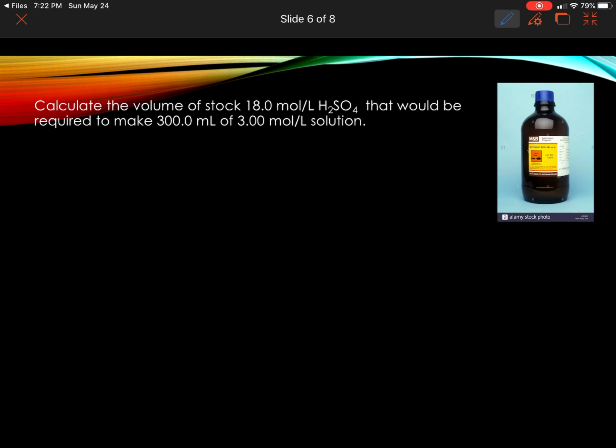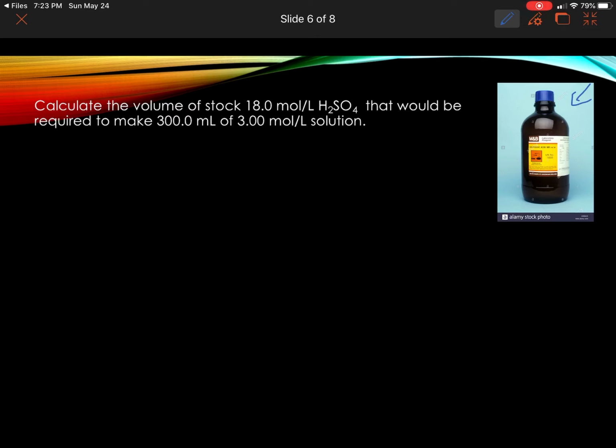Okay, so we're going to use this formula here and do some problems. All right, so calculate the volume of stock 18.0 molar H2SO4 that would be required to make 300.0 milliliters of 3 molar solution. This is very typical of what you would do in a lab.